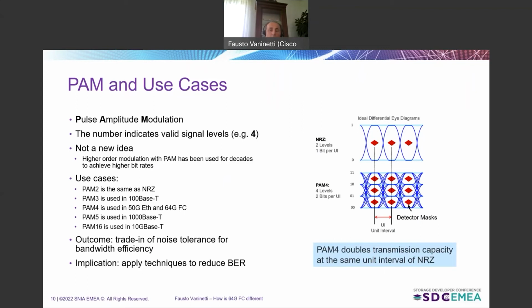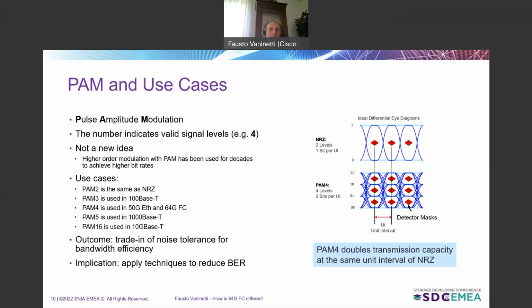So we can explain this signal-to-noise degradation by looking at the eye diagram, which is essentially an envelope of all the optical pulses that get received by a receiver. With non-return to zero, you have only 2 levels. With PAM4, you have 4 levels.